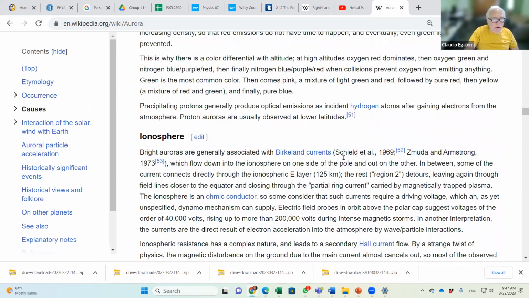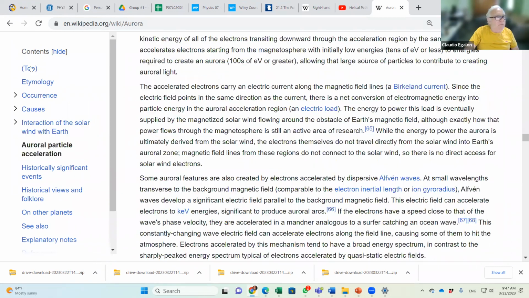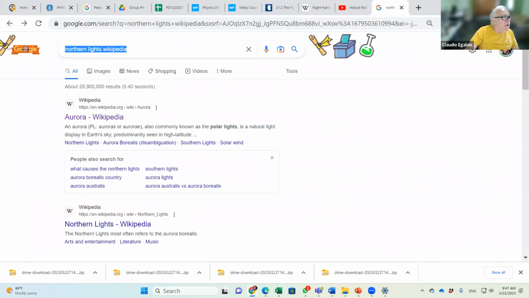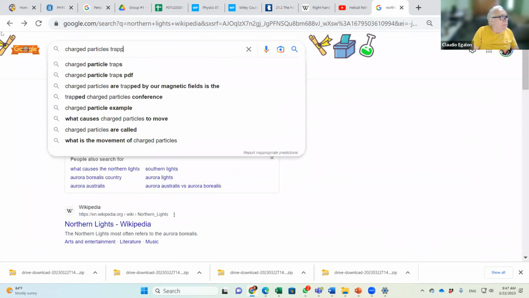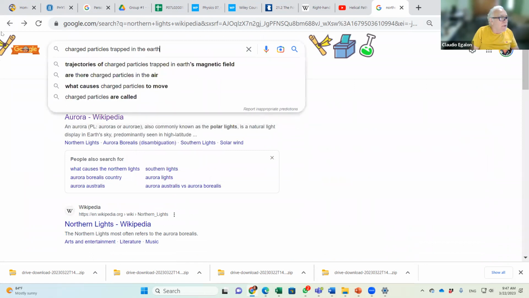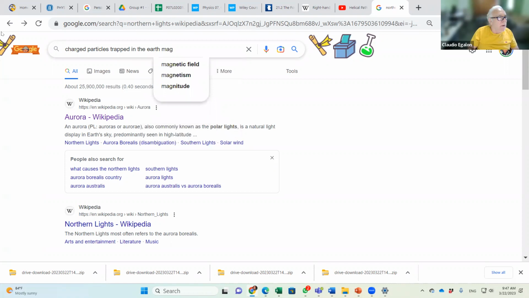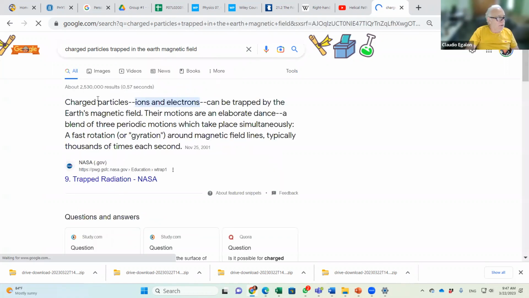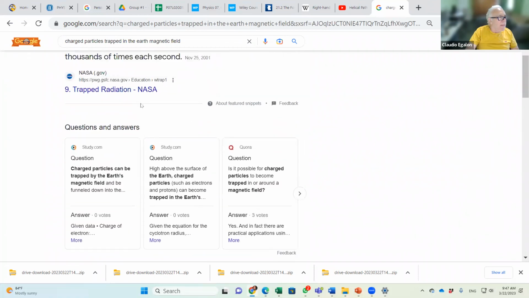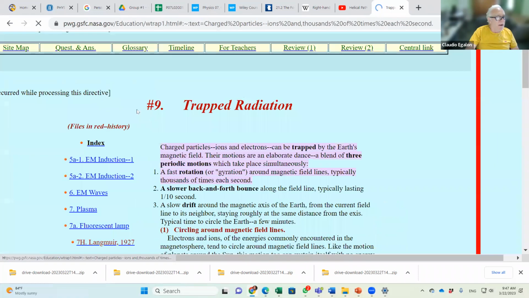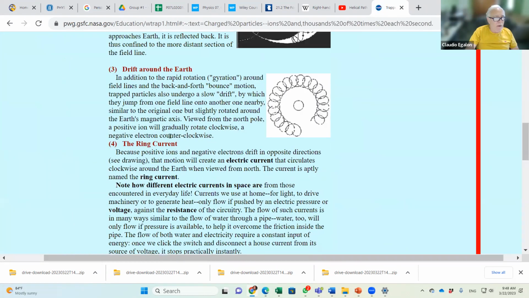Let's see what they have here. I have to look at another place. Charged particles trapped in the Earth's magnetic field. Let's see. I think they have an illustration here. Oh yeah, here you go.